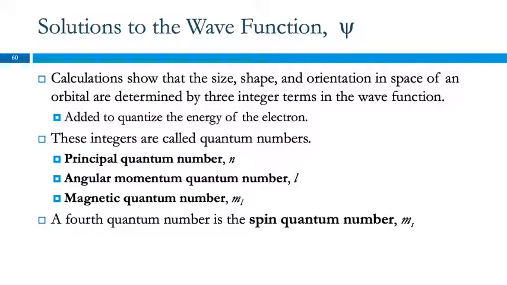Those integers are called quantum numbers, and instead of A, B, and C, they are N, L, and M sub L. So the principal quantum number is N. We have the angular momentum quantum number, L, the magnetic quantum number, M sub L. And then there's a 4th quantum number that is the spin quantum number, M sub S, but that doesn't determine the size, shape, or orientation of an orbital.